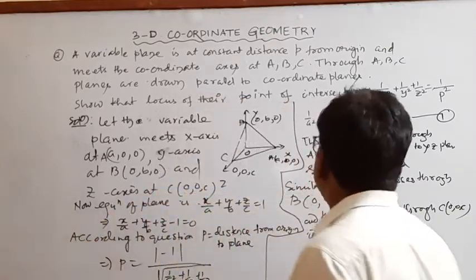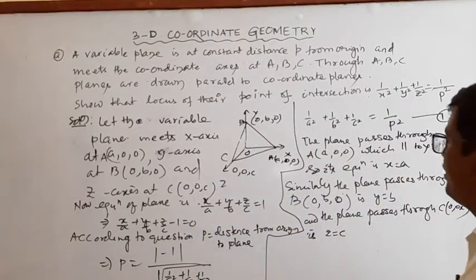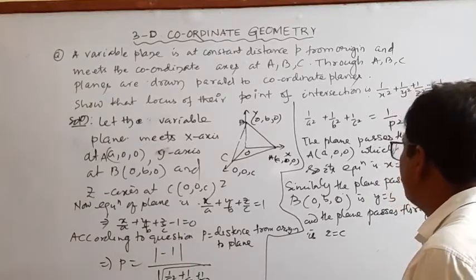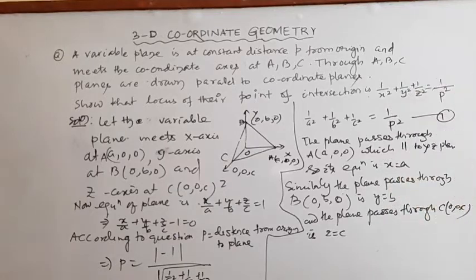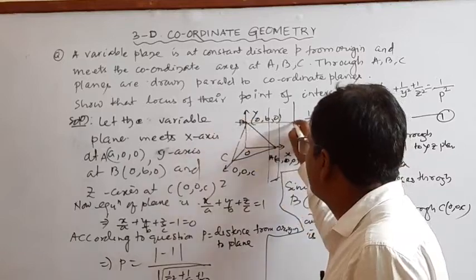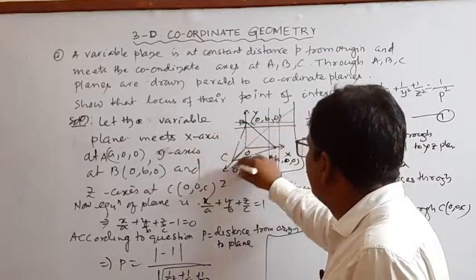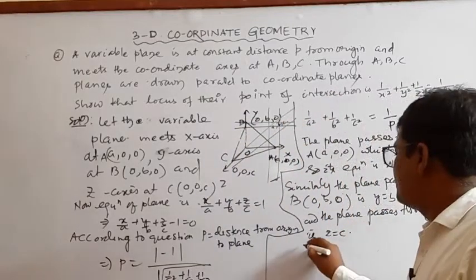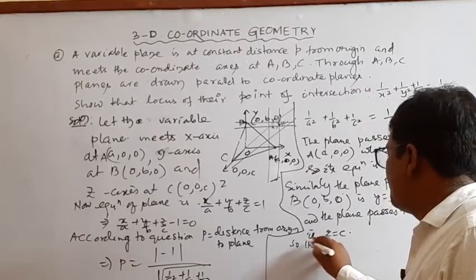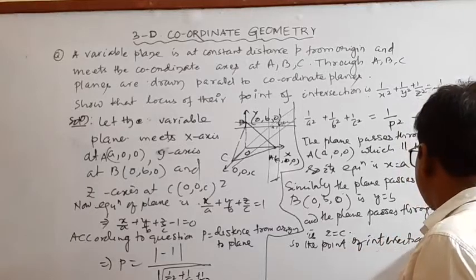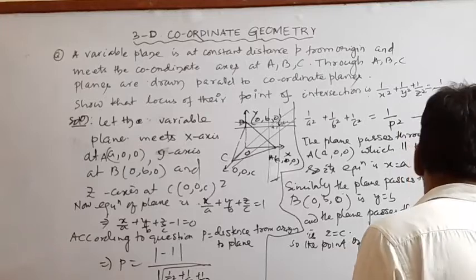Now the locus of the point of intersection: these three planes pass through A, B, C respectively, so the point of intersection is (a, b, c).